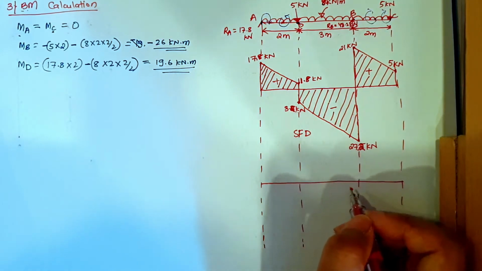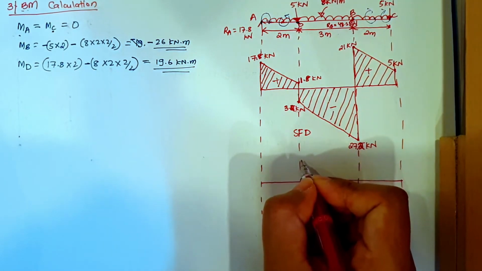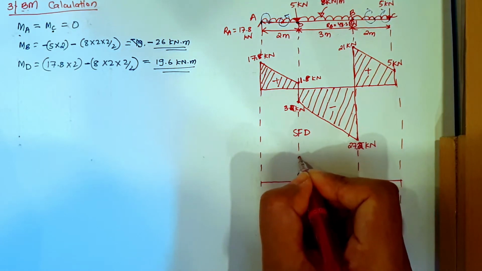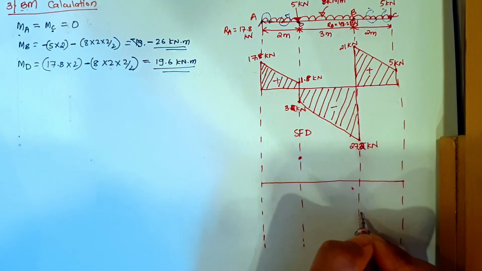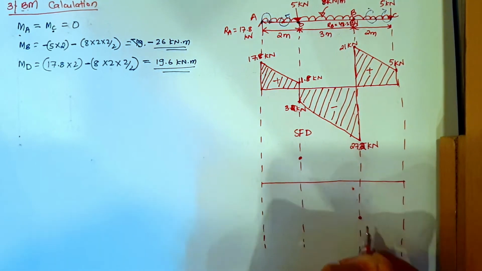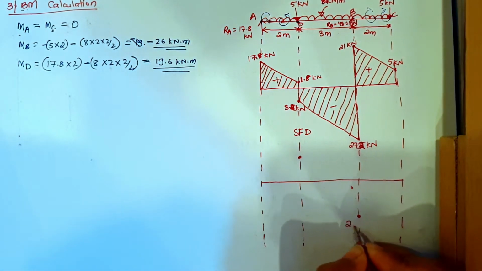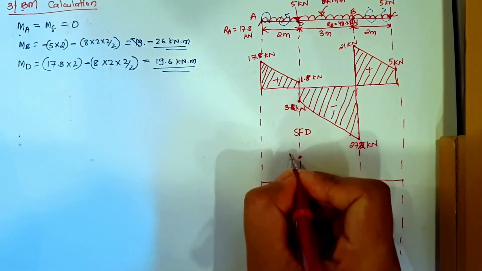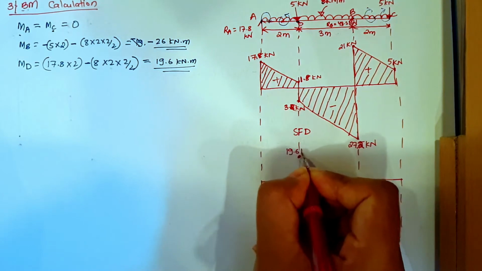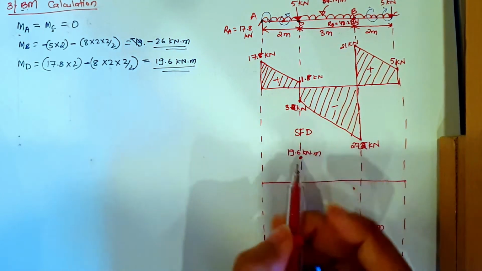Okay, so moment at D point, it is coming maximum 19.6. I'll mark it here. And moment at B, it is coming minus 26 kilonewton meter. Here I have 19.6 kilonewton meter.